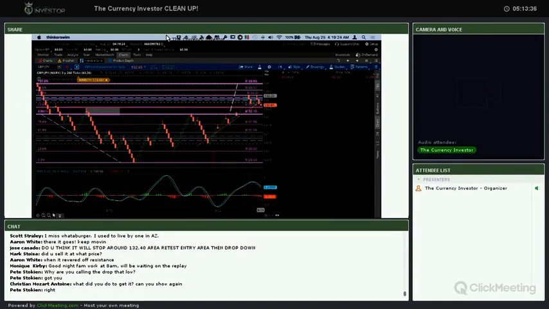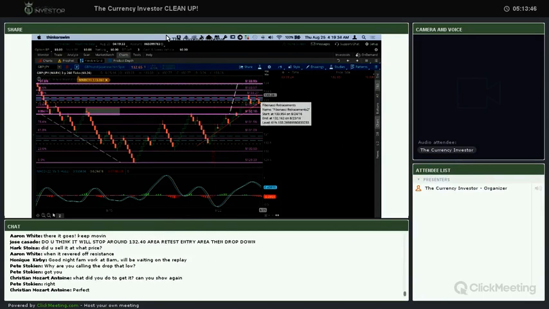You see, we had the reaction right here on a 61.8. So you basically would have had a perfect entry. The entry would have been here.